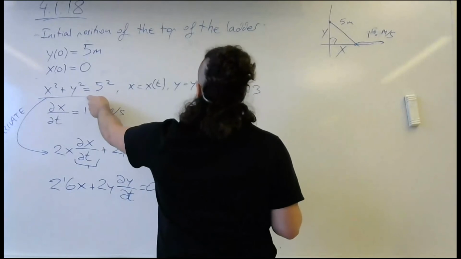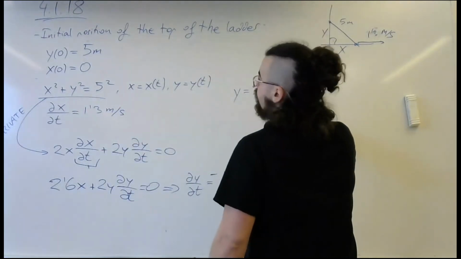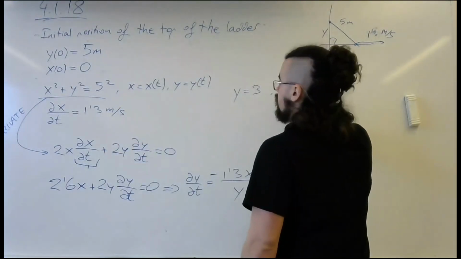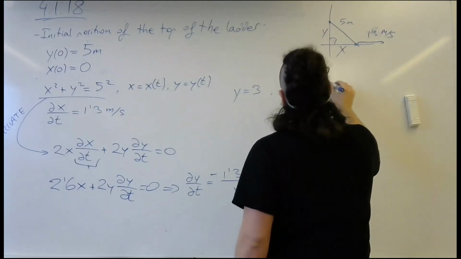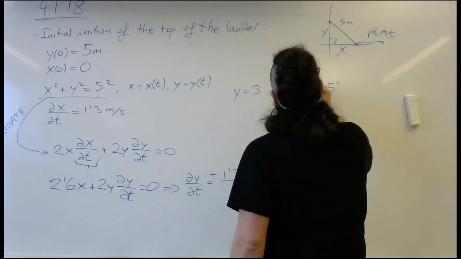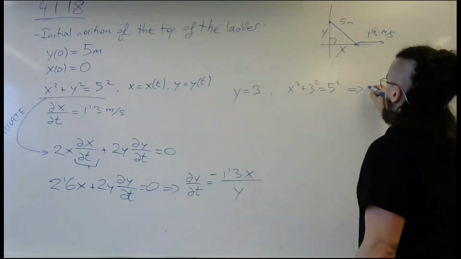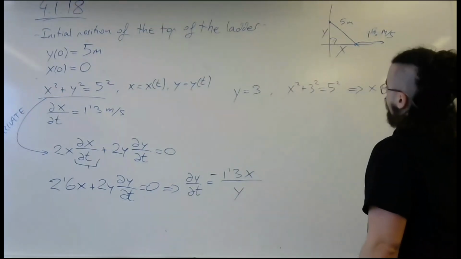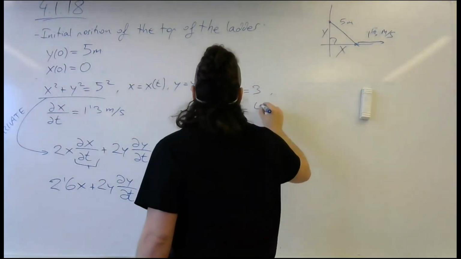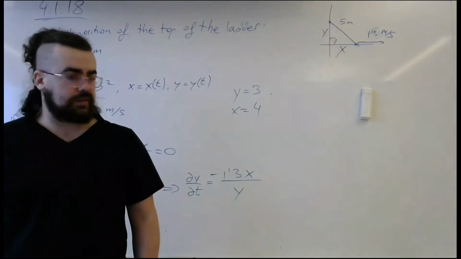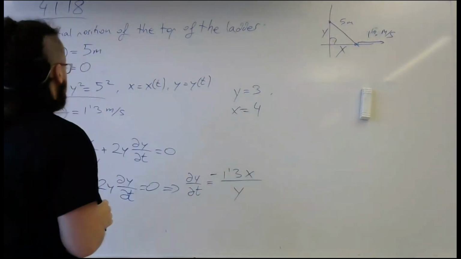We use this relation. So we have x squared plus 3 squared equals 5 squared, from which x equals 4. So x is 4 meters away.